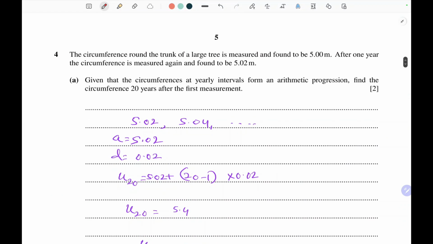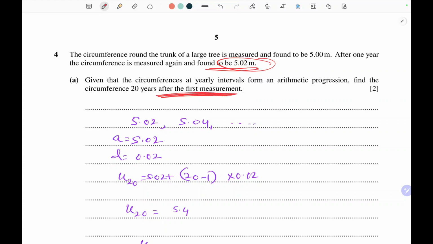Now question number 4. That says the circumference around the trunk of a large tree is measured and found to be 5 meter. After 1 year, the circumference is measured again and found to be 5.02. Given that the circumferences at yearly intervals form an arithmetic progression, find the circumference 20 years after the first measurement.